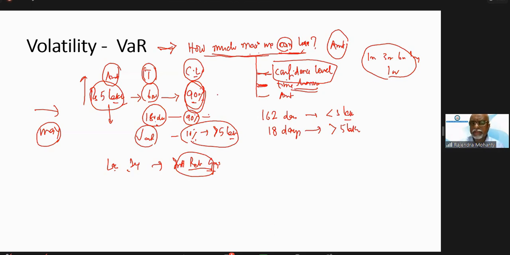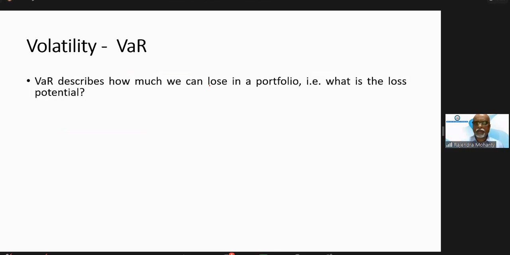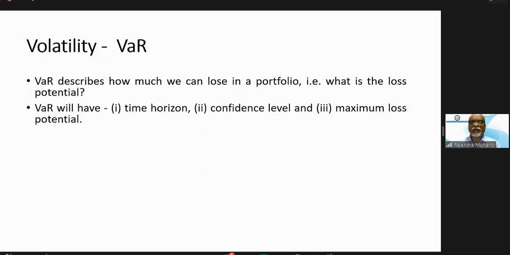Confidence level means, always remember, whatever the confidence level given, that loss will be within the limit. But for the rest, suppose we say 99% confidence level, that means only 1% of 180 days the loss might go beyond 5 lakh. 99% of days, it will be within 5 lakh. Okay? Is it clear?